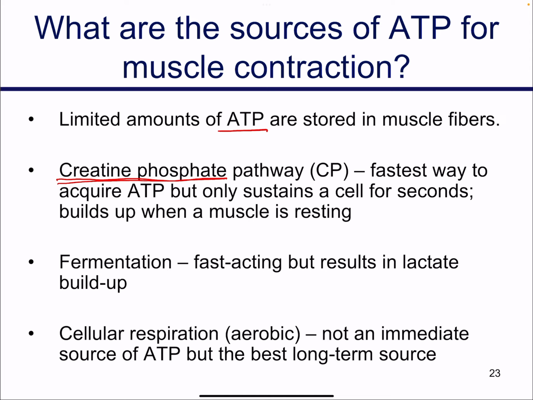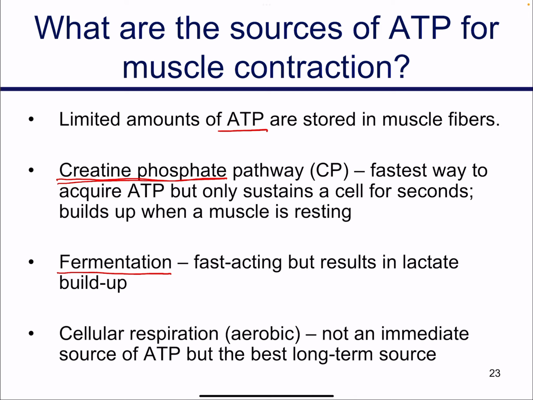Otherwise, we are going to rely extensively on fermentation, right? Fermentation is very reliable and good because fermentation doesn't require the presence of oxygen. Fermentation happens in the cytoplasm, in the sarcoplasm, if you will.